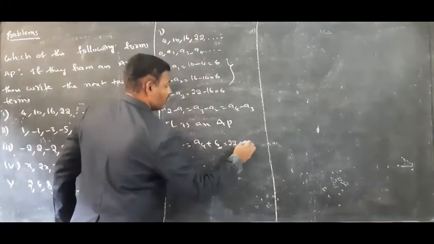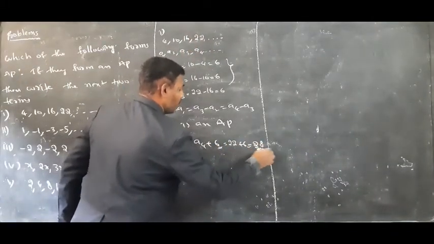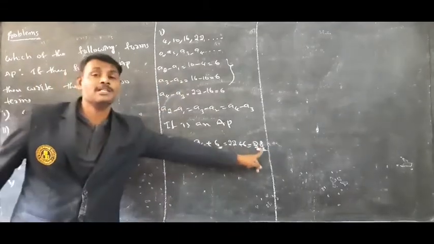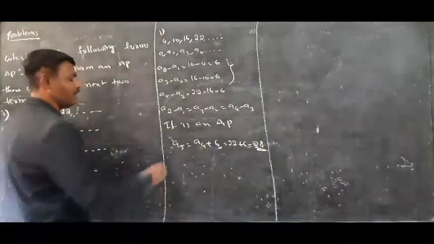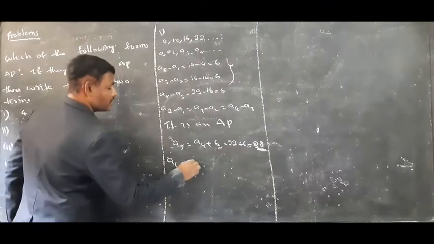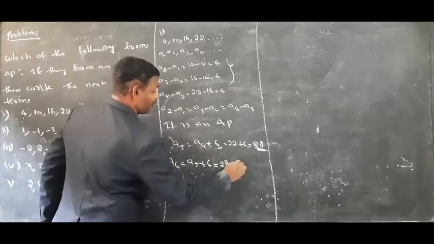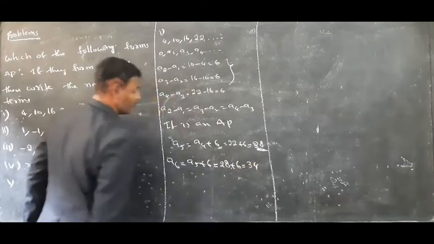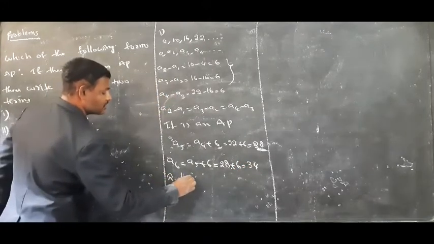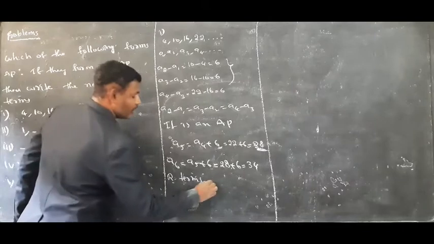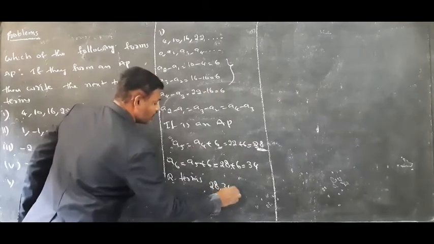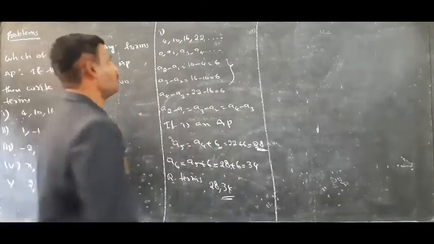It means 22 plus 6 is equal to 28. So the fifth term is 28. Similarly, A6 is equal to A5 plus 6. It means 28 plus 6 is equal to 34. Required terms are 28 and also 34.